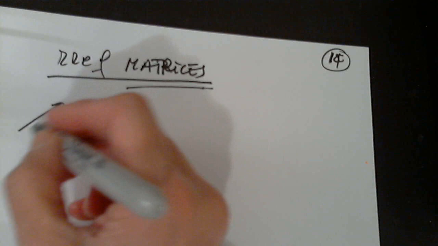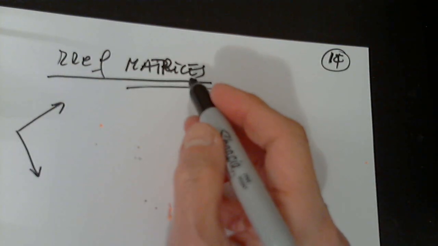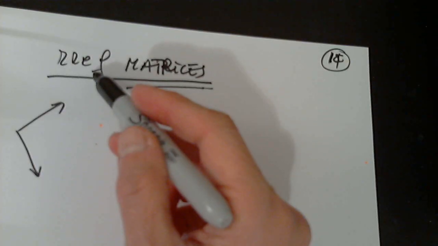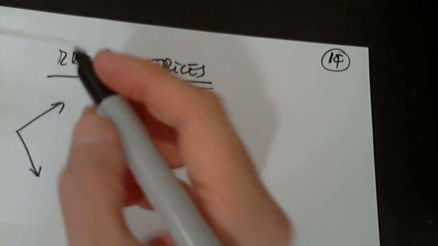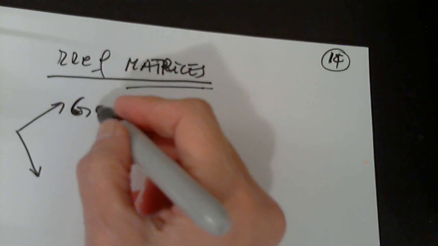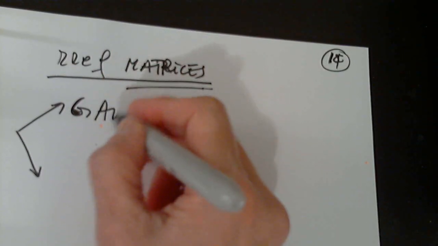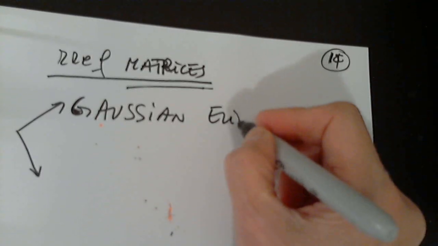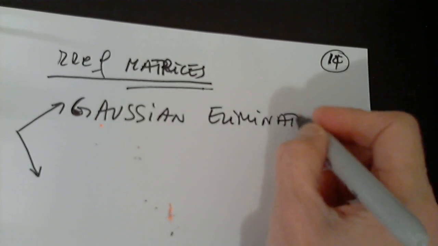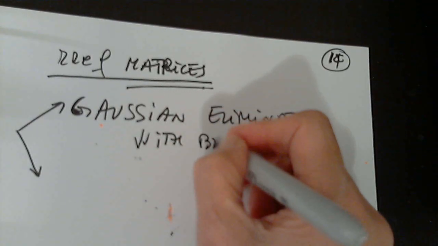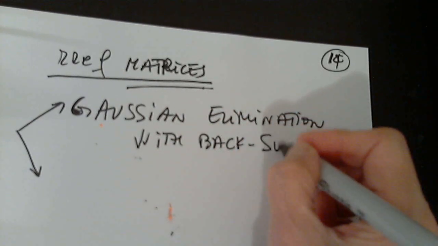There are two methods that we look at with the row echelon reduction. One method is called, and you will see it in your problems in homework, Gaussian elimination with back substitution.